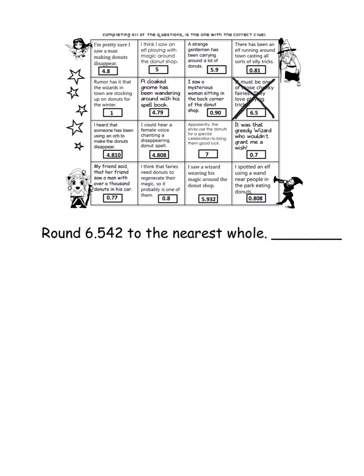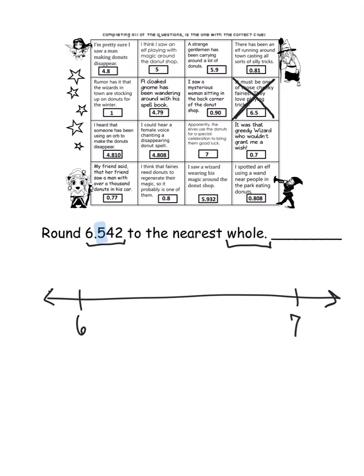Okay, so now we're rounding 6 and 542 thousandths to the nearest whole number. If you were to show that on a number line, that would be like saying, is this number closer to 6 or is it closer to 7? Now, in order to figure this out, we're going to use the next door digit, which is the digit in the tenths place, to help us find its closest whole number.